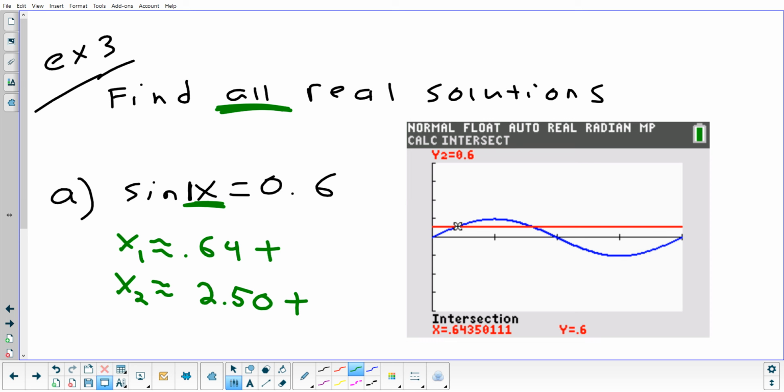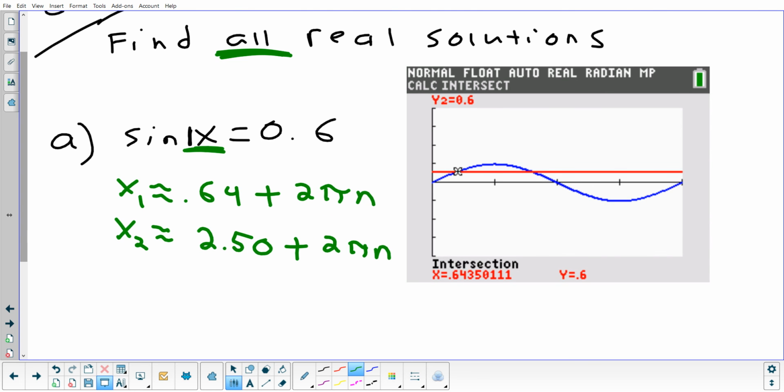What's going to go on the end of each of those answers? 2 pi n, yes. You have to fill in what the period is. You can't leave the word period. So you have to put in plus 2 pi n.